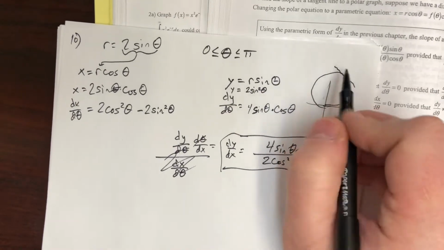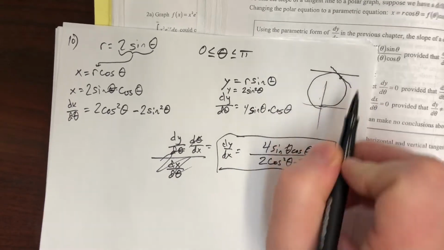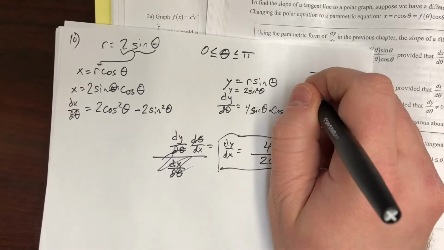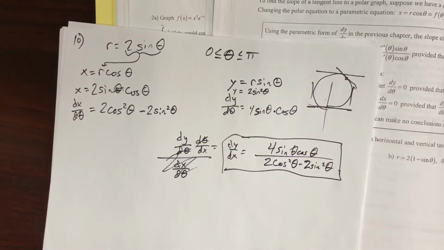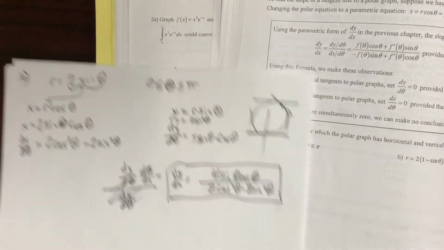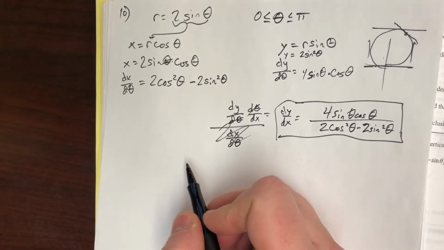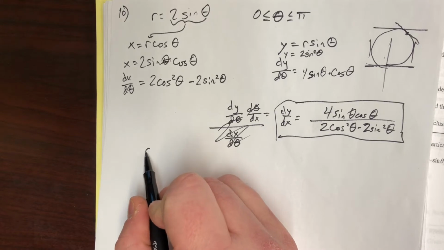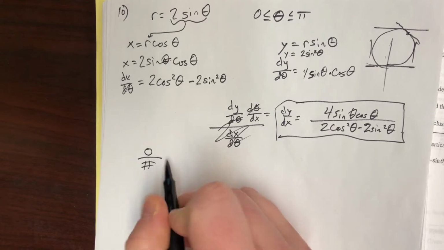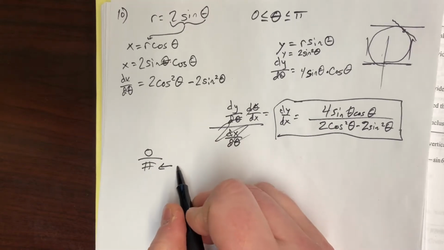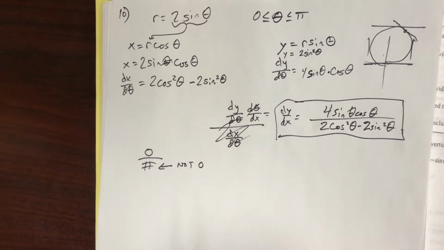So we're looking for slopes that are 0, which is going to be here and here, and we're looking for slopes that are vertical or undefined. It's pretty simple if you remember how fractions work. You get 0 when you have 0 divided by a number, as long as this number is not 0.